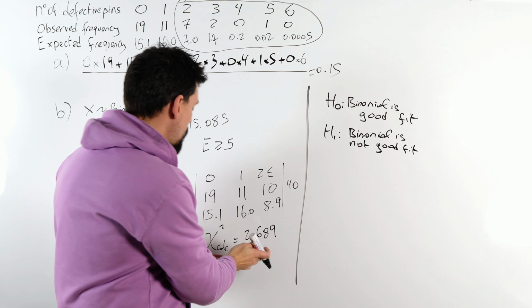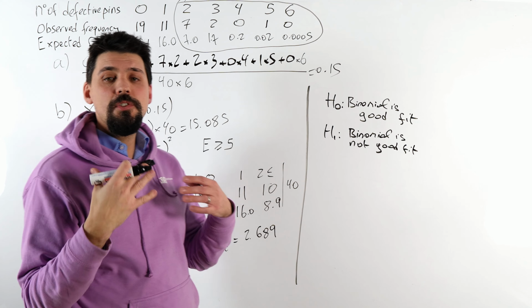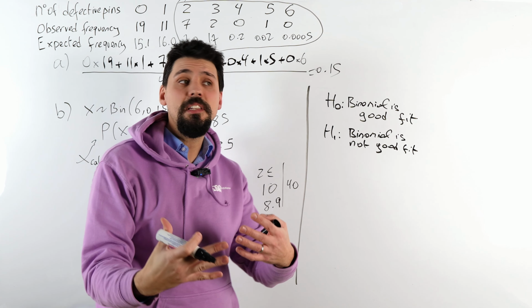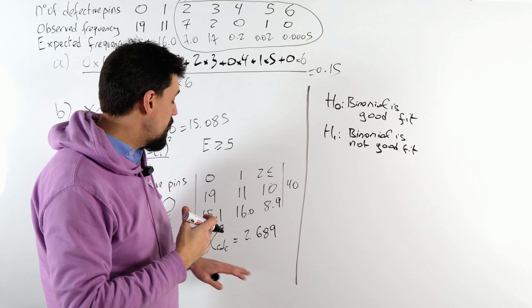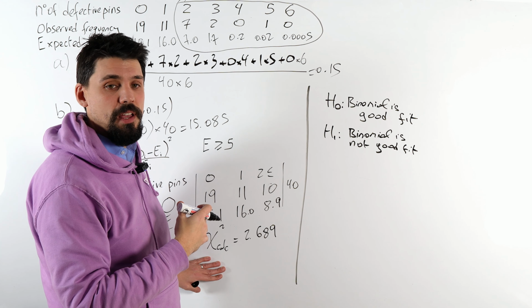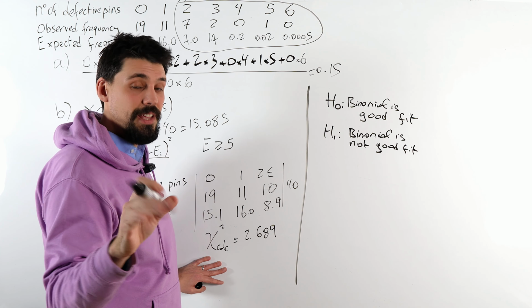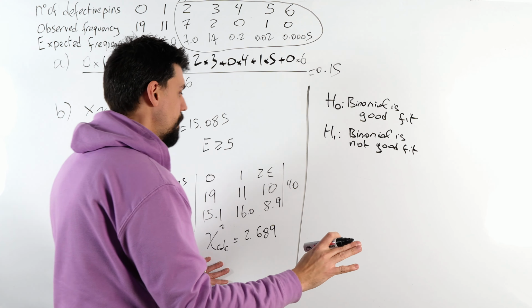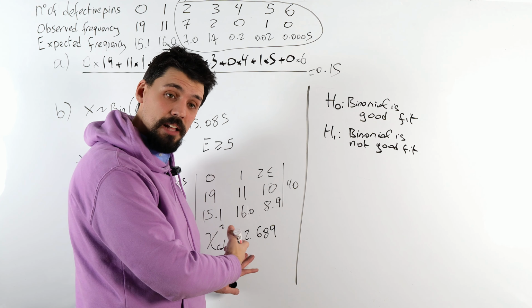And we are comparing this number to some probability distribution. Luckily for us, we know what the distribution is for chi-squares. You don't need to know the ins and outs of it. It's to do with the normal distribution. And basically, it's always a one-tailed test.